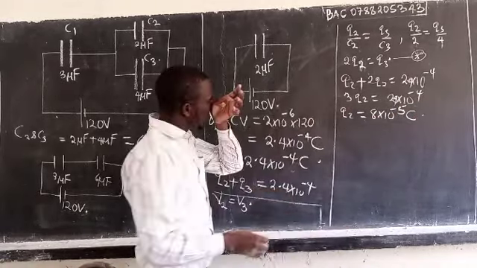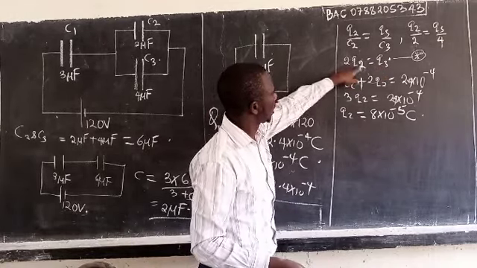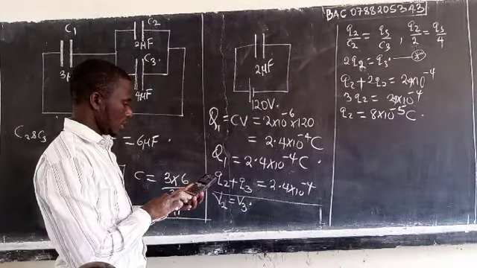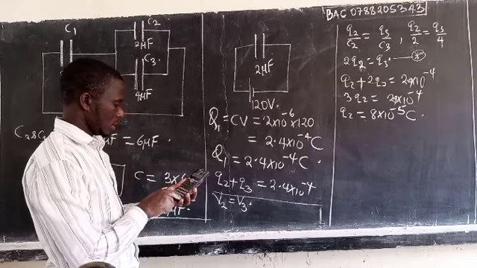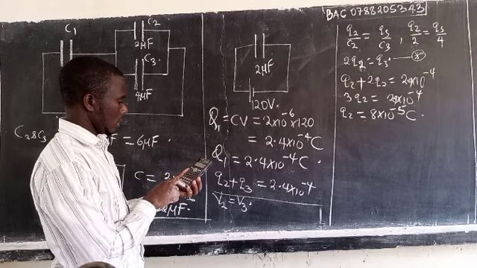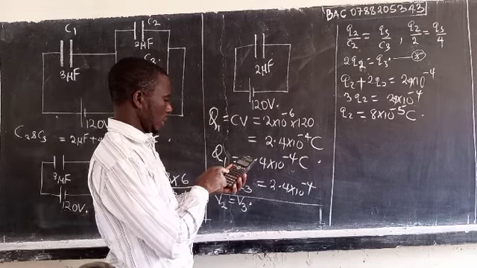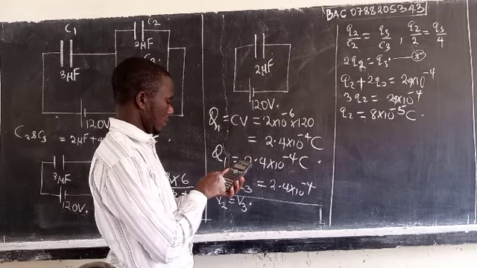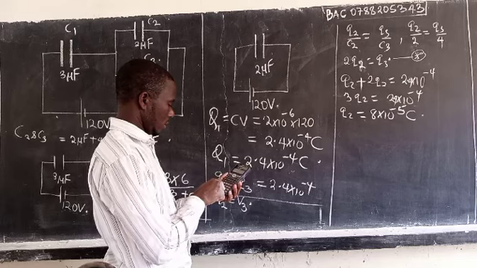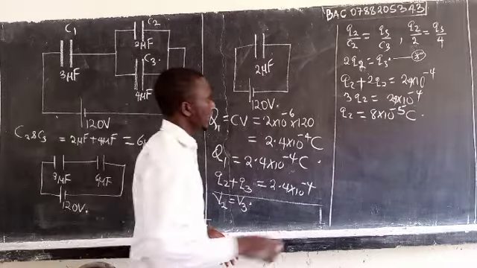That one should be giving you 8 exponent -5 coulombs. Then that means you can get Q3, which is 2 times 2. Okay, so 2 times that 8 exponent -5 is 1.6 exponent -4.